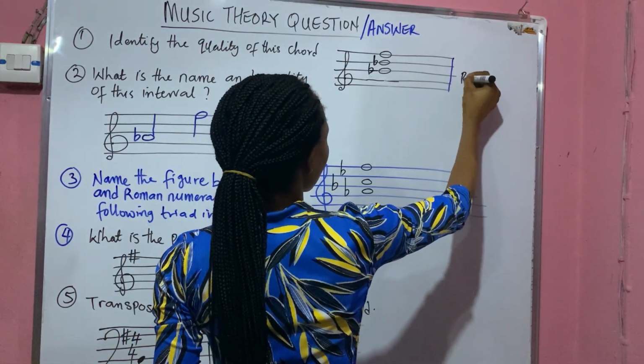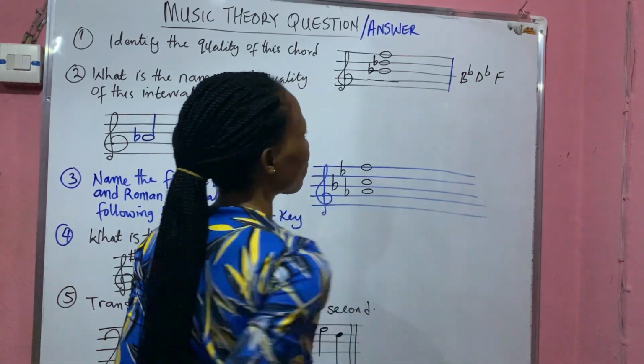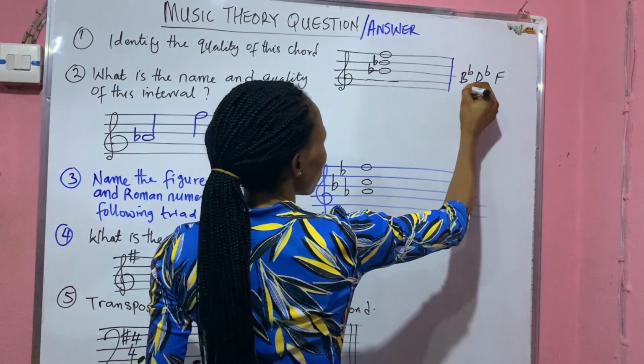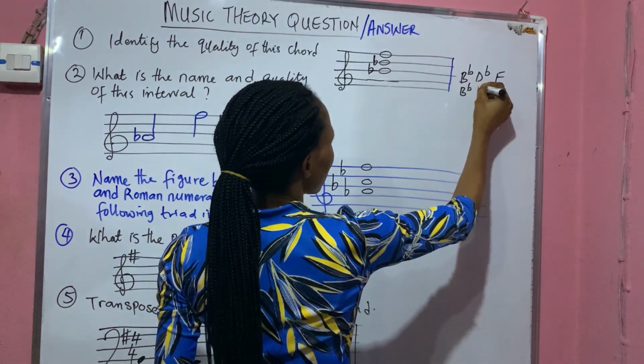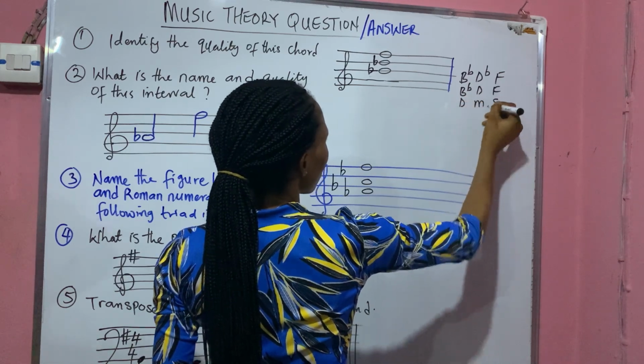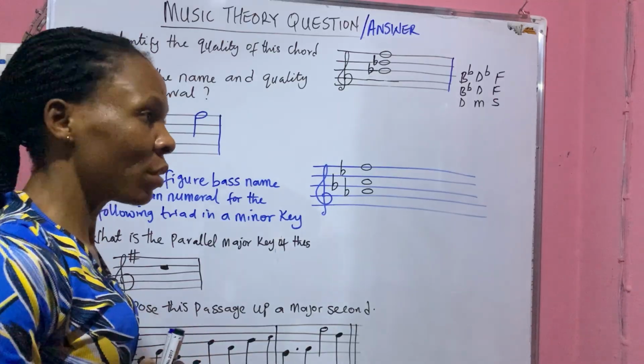The chord consists of B flat, D flat, and F, right? Now, if it was B flat, D, and F, this would have been Do, Mi, So. I like using the chord 1 in the key of B flat.